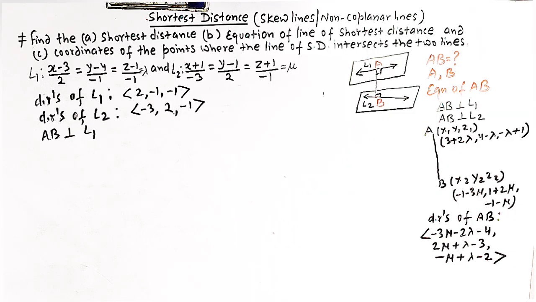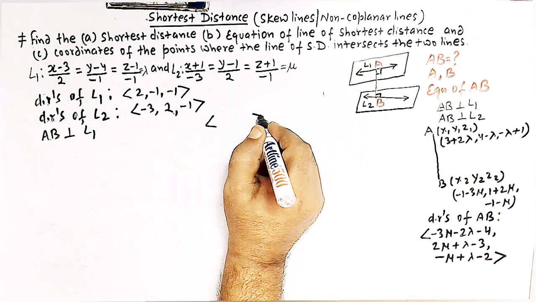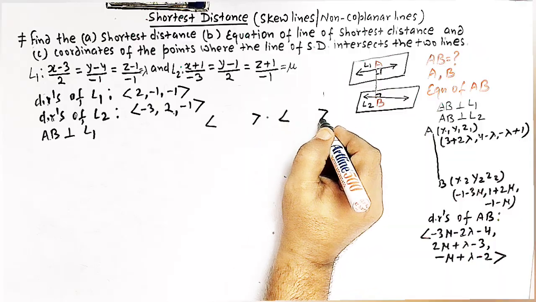And we know that if two vectors or two lines are perpendicular, then the product of the direction ratios is equal to 0, right?